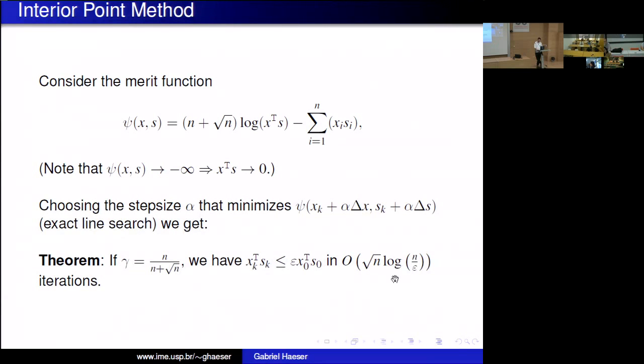In practice, an interior point method usually does not depend on the dimension. So you increase the dimension of the problem and you perform always the same number of iterations. The difficulty here is that when you increase the dimension of the problem, the sub-problems are harder to solve.